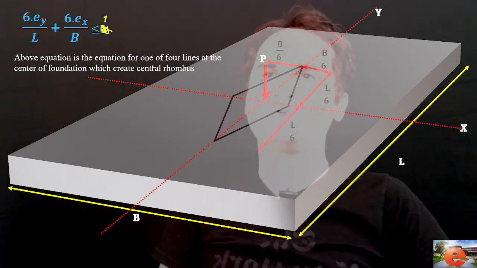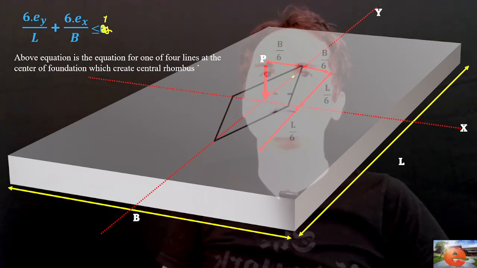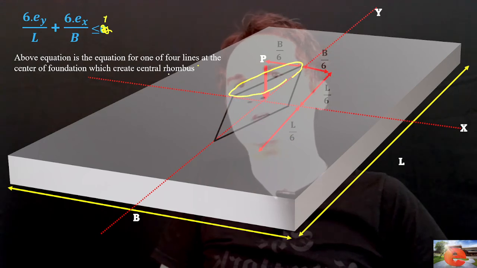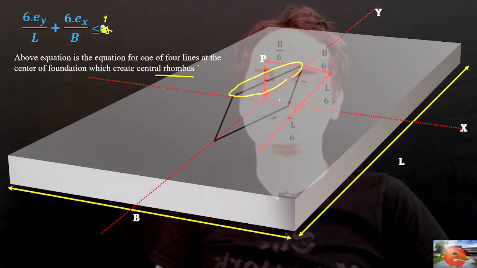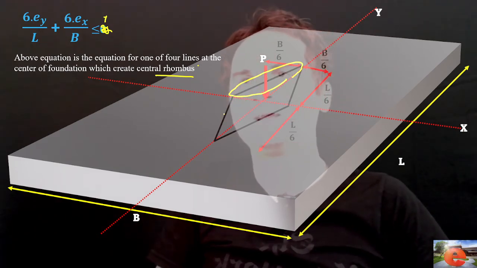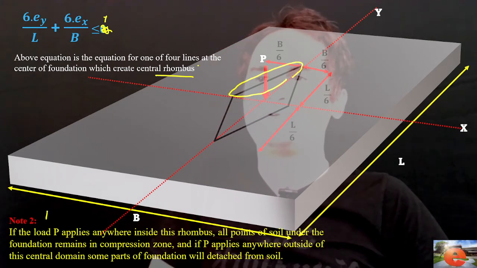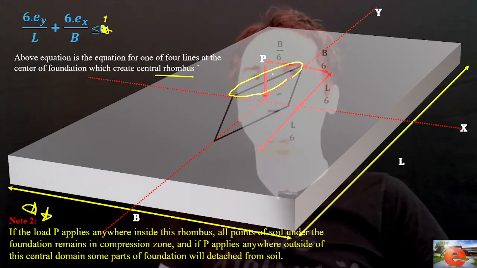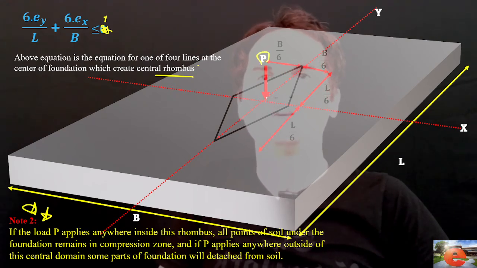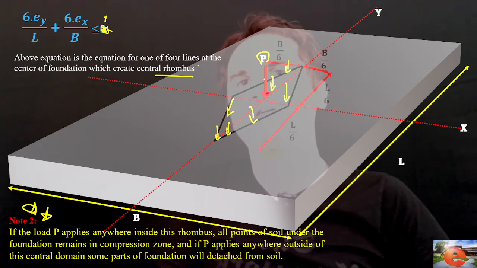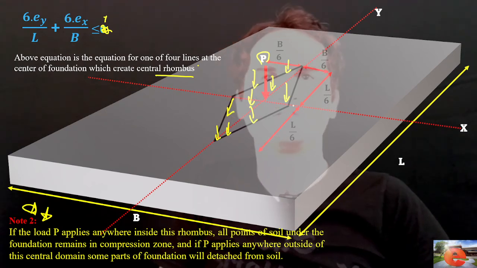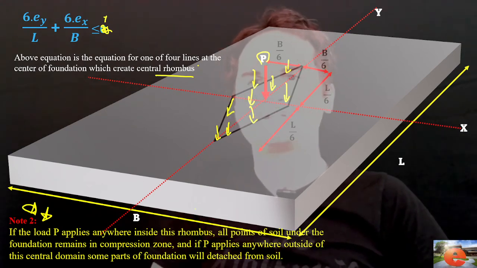Above equation is the equation for one of 4 lines of the central rhombus. If you develop the other lines, you can create a rhombus in the central part. And the most interesting part is if your concentrated load P remains in the central rhombus, for example, if P applies here, here, or anywhere on or inside this central rhombus, your design is safe.